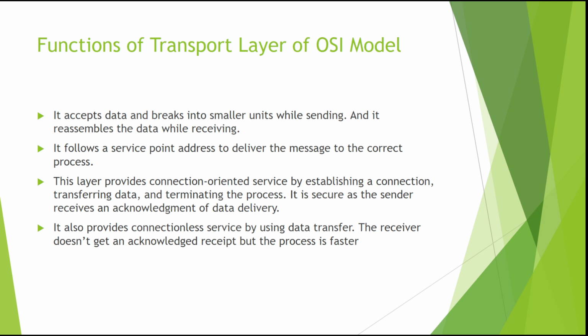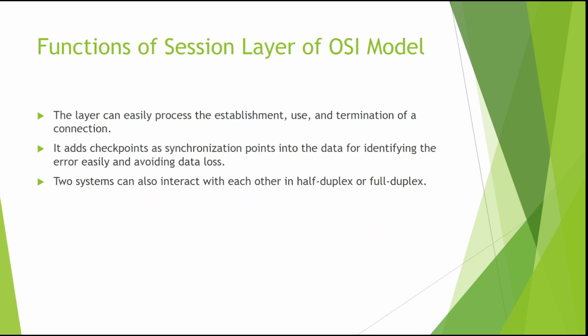So this is the transport layer. It accepts data, breaks it into small pieces, and puts numbers on them, so that at the end of the day it can be reassembled according to the small pieces it was given. It also provides connection services using data transfer. So this allows wireless transfer, and information can move on to the session layer.